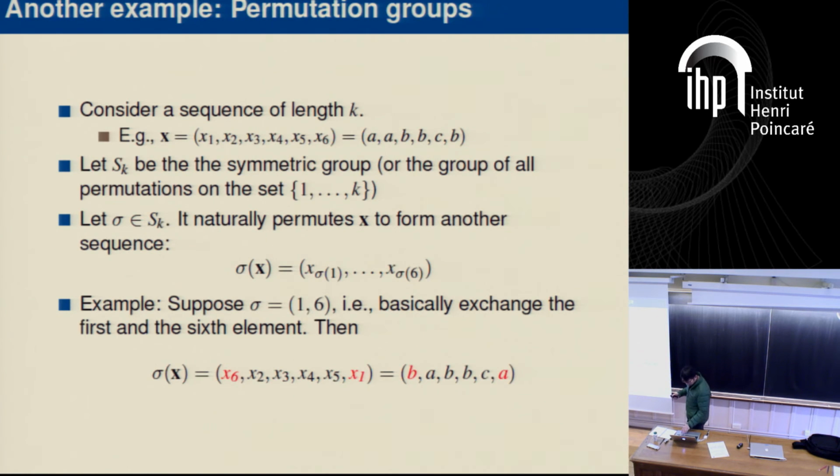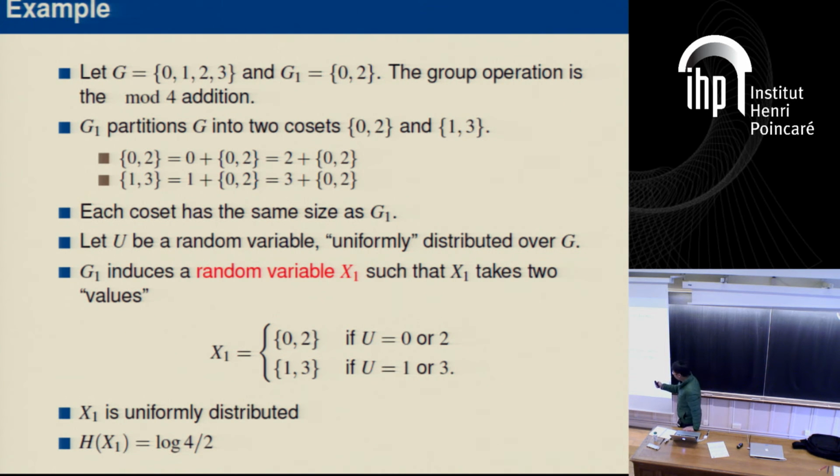And you can see right away that the entropy of this group-induced random variable is just the log of the number of cosets, which is equal to the number of elements in group G divided by the subgroup size itself. Right. So this is a very simple, important result, which will serve as the foundation for what we want to learn later.